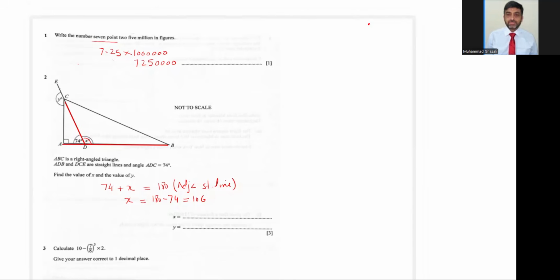Next, we have to calculate angle y degree. Look here, this angle y degree is the exterior angle of the triangle ADC. So we write in triangle ACD, angle y degree is the exterior angle. This angle will be equal to the sum of the opposite interior angles. The opposite interior angles here are 74 and 90 degrees.